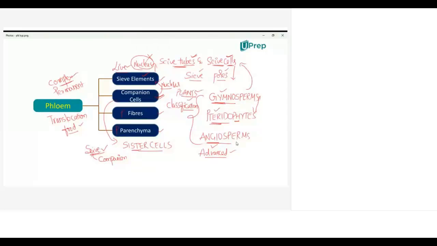So the phloem tissue has different cells, of which some are present only in primitive plants, and some are present even in advanced plants. I gave this classification in order to link up why some cells are simple in nature and some cells are advanced in nature. Got the point?